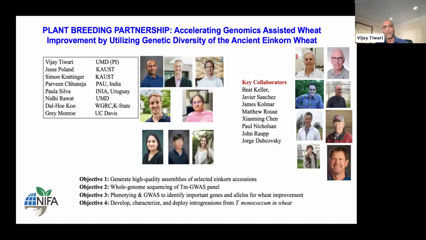So again, this was a grant that was funded to us from NIFA, and that allowed us to bring all these friends and collaborators together with an idea to generate some reference assemblies in einkorn wheat, and then use our einkorn association panel for gene discovery and deploy those discoveries in wheat.